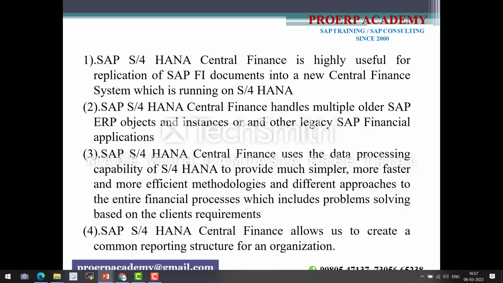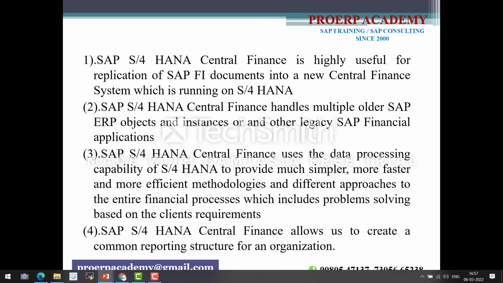All should be replicated successfully into our central finance system, which is running on the S/4HANA platform. That means this central finance application will work only under S/4HANA. So that is the meaning of the first point.